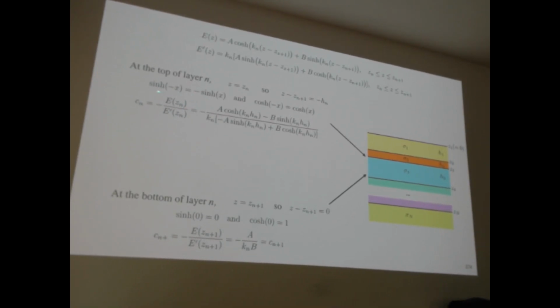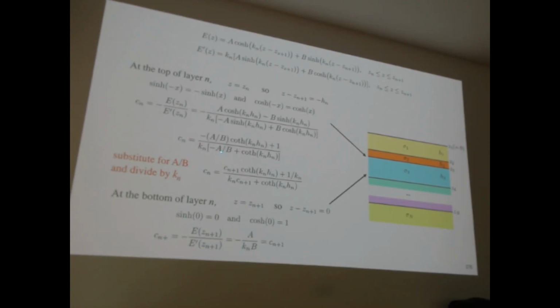And so knowing that sinh of a negative number is the negative of sinh of the number, and cosh of the negative number is equal to cosh of the number, we can rewrite these equations as this, where now z minus z_{n+1} just becomes the layer thickness. Divide everything by B sinh, and I turn these cosh and sinh into cotangents.